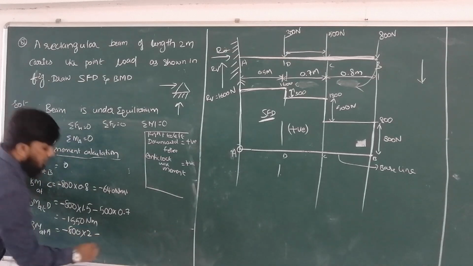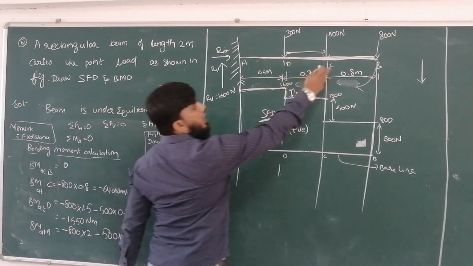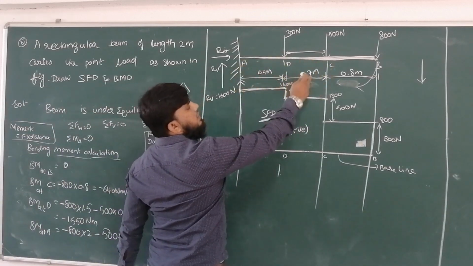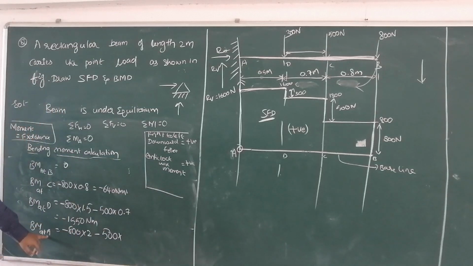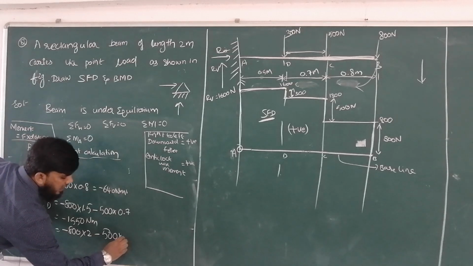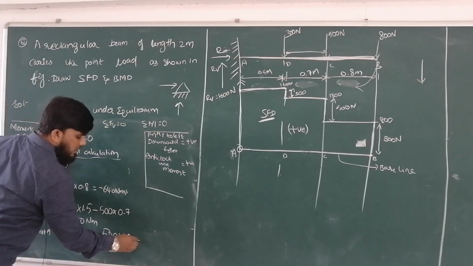Minus, next is 500 into the distance between point C and point A, 0.7 plus 0.5. You have to calculate the distance from the load to that point. You should be very careful about the distance. So this is minus 500 into 1.2. 0.7 plus 0.5 is 1.2.